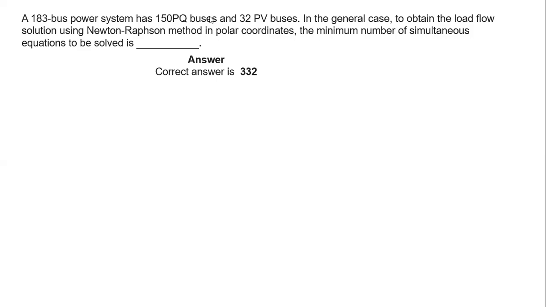This is a tricky GATE question. They have given 4 objective choices and asked which one is the right answer. Here 150 PQ and 32 PV buses are given, and the total is 182, but the total number of buses is 183 because one slack bus is already considered. So the total is 332. I think you have followed it. Now next question.